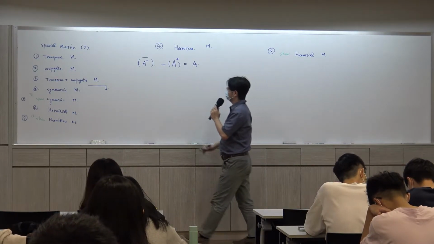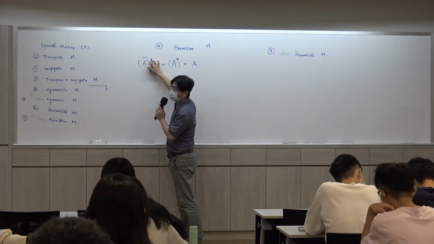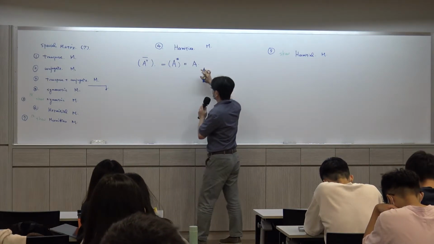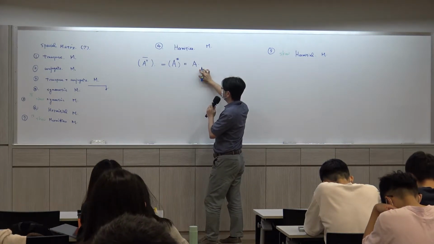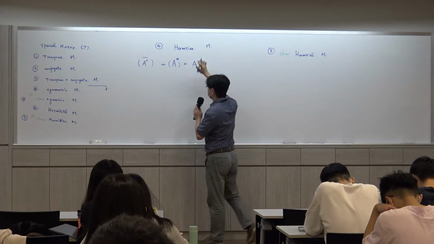So if the matrix performs transpose and conjugate, then it equals the original matrix, it is called the Hermitian matrix.